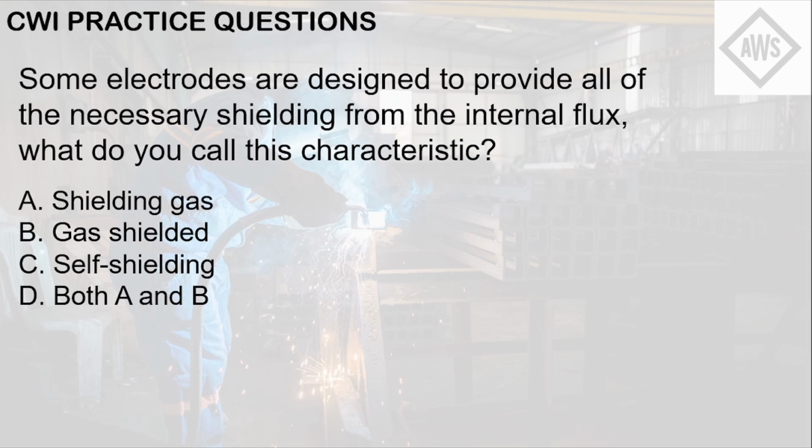In the tubular part of that electrode, there is internal flux inside, which produces the self-shielding characteristics, basically the shielding gas or smoke around the weld pool, similar to SMAW. So the answer here is letter C, self-shielding.